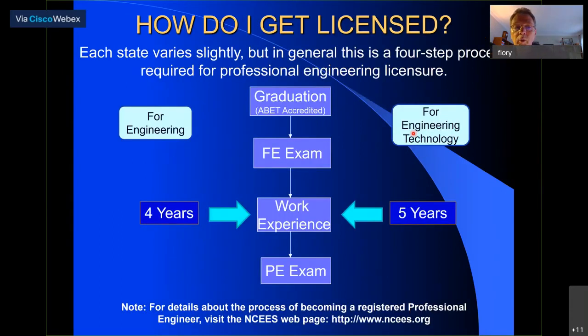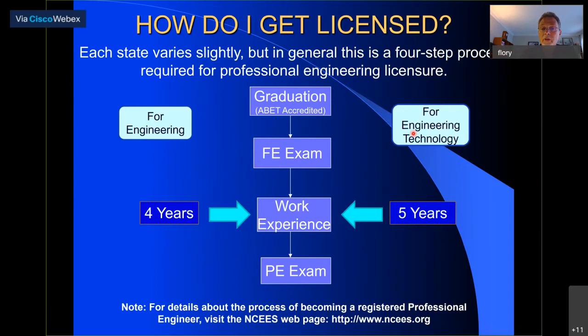Licensure, which is always a question that pops up, especially on the civil engineering technology side of things, as well as the mechanical, electrical not so much, but certainly in the civil, and then very often in the mechanical. So how does it work?